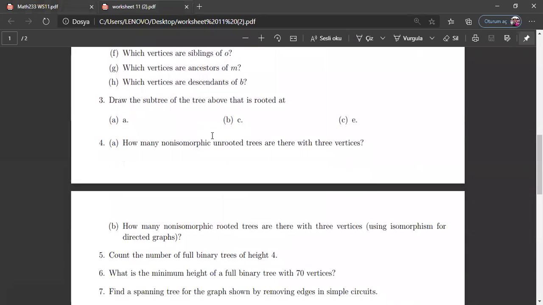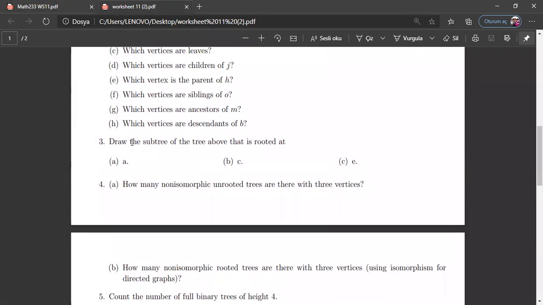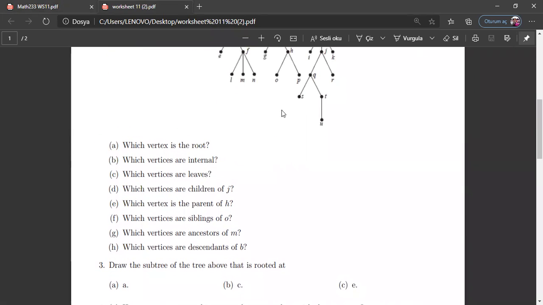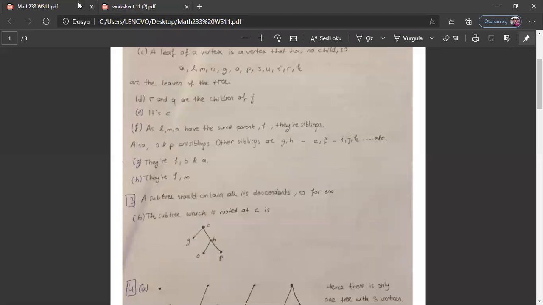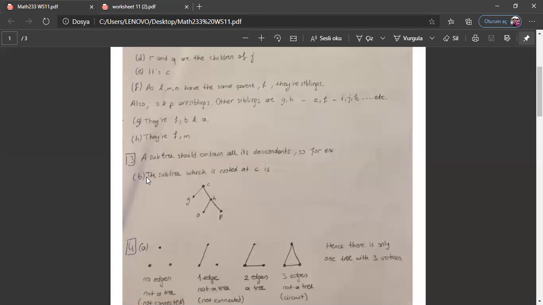So what about the third one? We will draw a subtree using this tree, such that the subtree that we will draw has root A, and C and E. So here we have the answer for B. The subtree which is rooted at C is this.